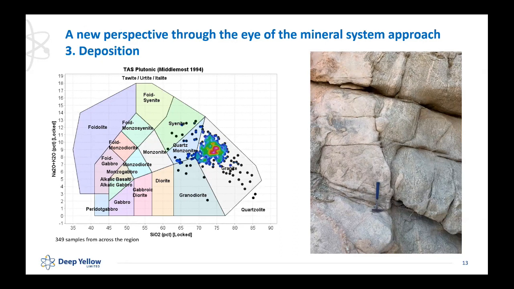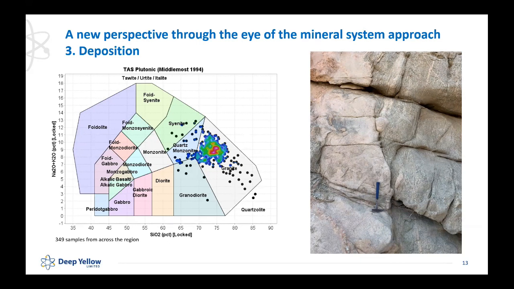They tend to be fairly consistent in their major element composition. And that continues even if you look at things like rubidium, cesium. They are not extremely enriched. So you won't find rubidium values in the thousands of ppm. You're talking about hundreds of ppm. So they are not extremely fractionated.